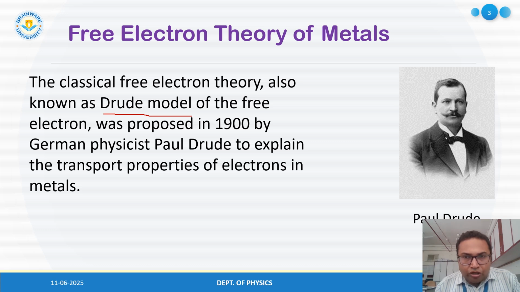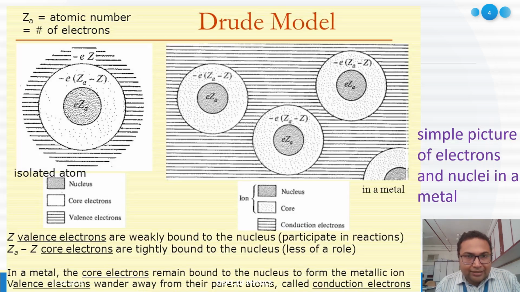Now, before going to classical free electron theory, let us try to understand the idea of the atom. This particular model was introduced to the scientific community way long ago, around 1900. At that time, we didn't have the idea or information about how an atom looks.